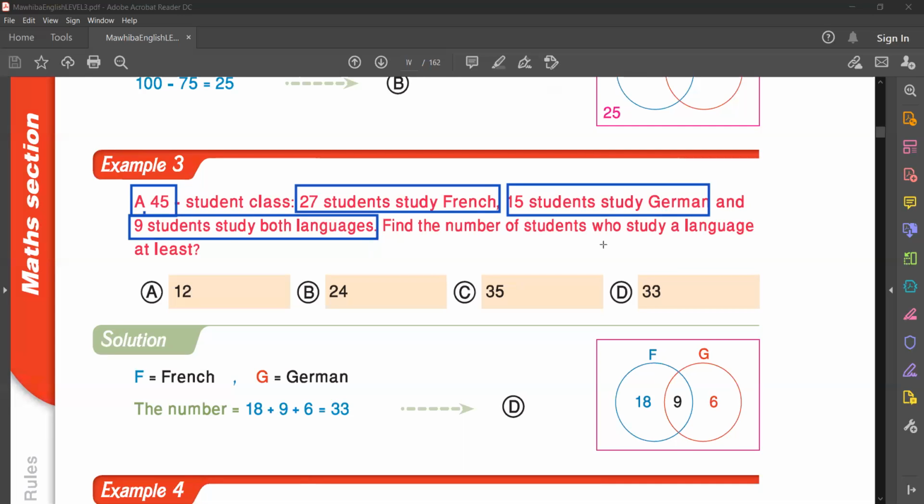Find the number of students who study at least one language.